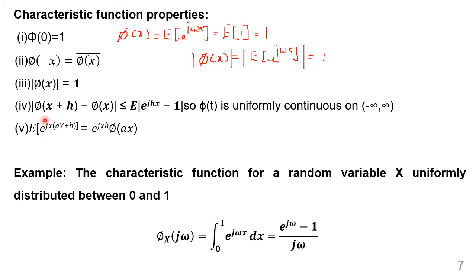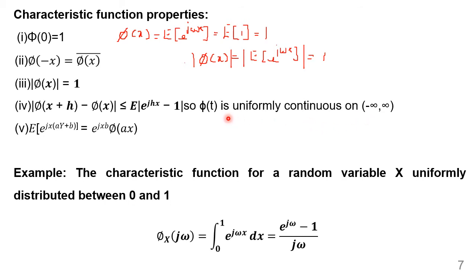And absolute value of phi of x plus x minus phi of x is always less than or equal to expectation of absolute value of e to the power jx minus 1. So phi of t is uniformly continuous on minus infinity to infinity.